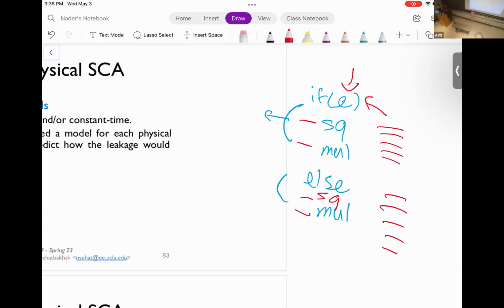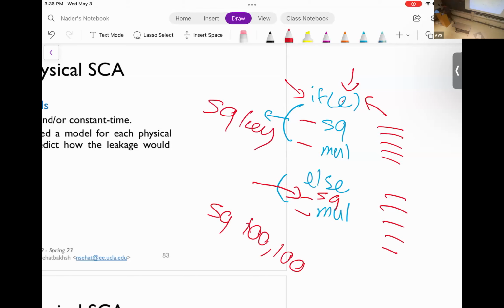First of all, when you're writing your program, you can write it in a way that you don't have these leaky branches. That's one thing you could do. The second thing is that if you really have scenarios where in one branch you have a square multiply and in the other one you only have multiply, maybe I can add dummy activities here. So for example, here I can just square, maybe, 100, and here I'm just squaring the key.